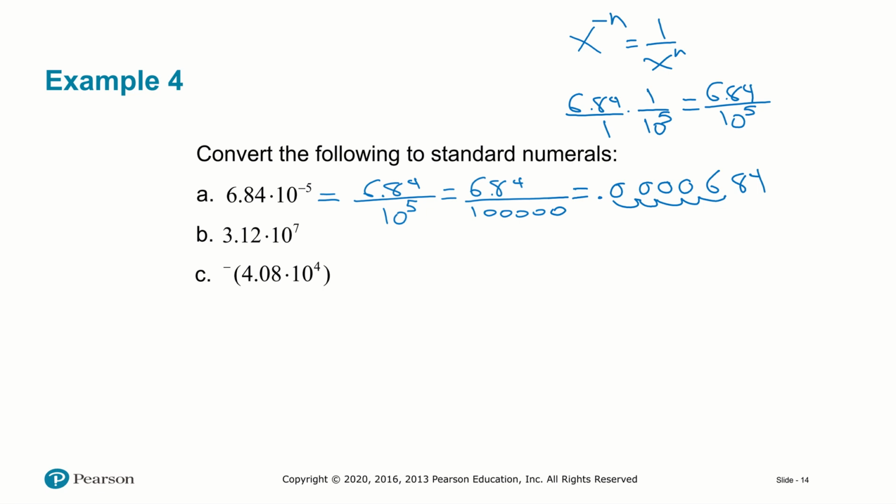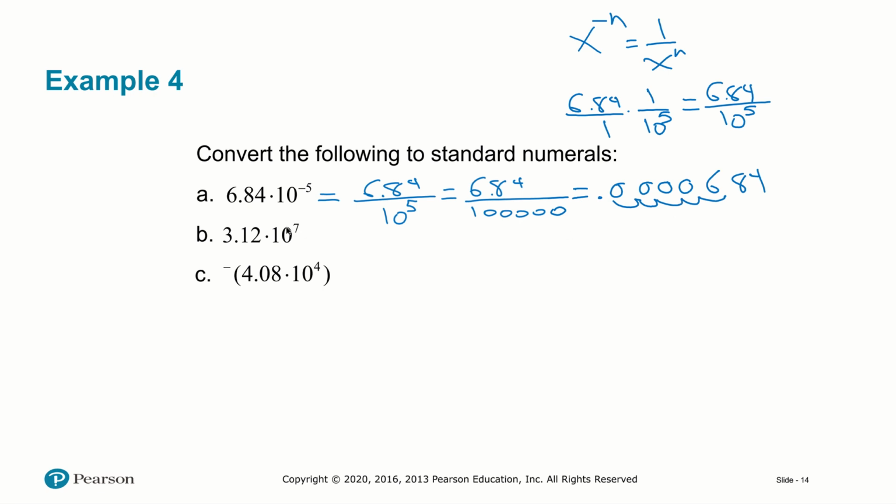So, of course, you don't have to go through all this once you get a hang of this, because you realize that when you multiply a number by 10 to the negative 5, basically you're just going to move the decimal 5 to the left. So normally we just go from this to the final answer once we're comfortable with this.